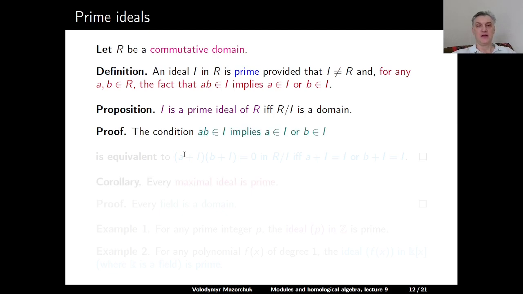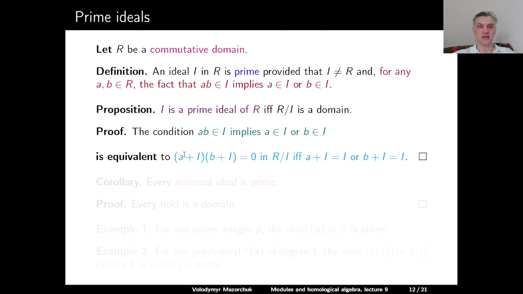Proof: the condition that AB belongs to I implies that A belongs to I or B belongs to I is exactly the condition that in the quotient, the product of the class of A with the class of B is equal to 0, if and only if the class of A is 0 or the class of B is 0.